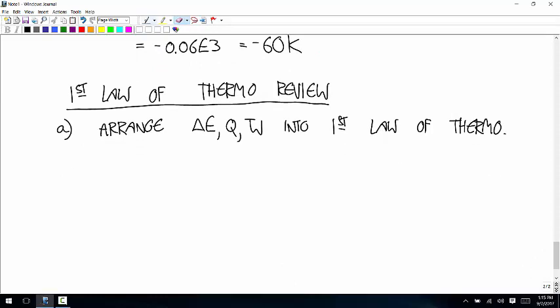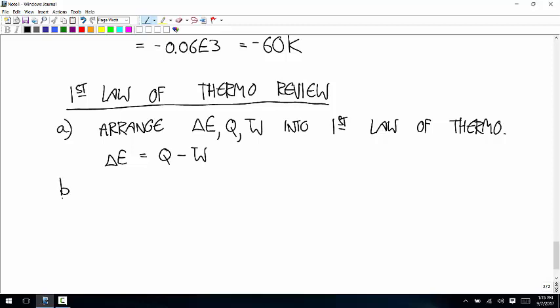Okay, so the starting point of pretty close to everything that we've done so far is that the total change in energy is equal to the heat added to the system minus the work done by the system.